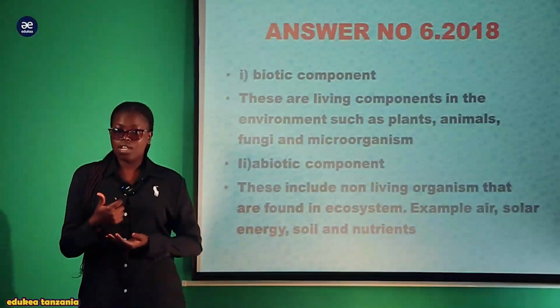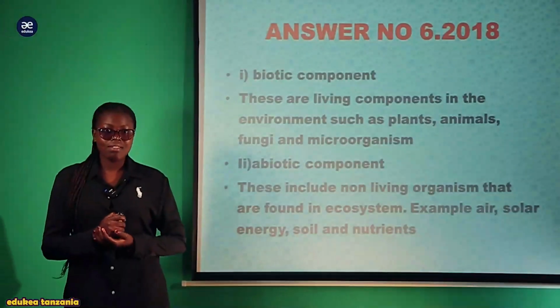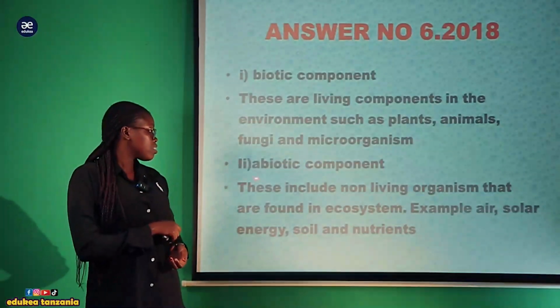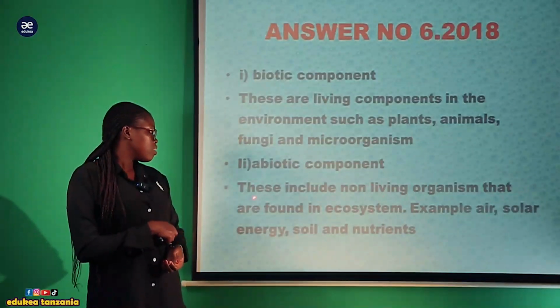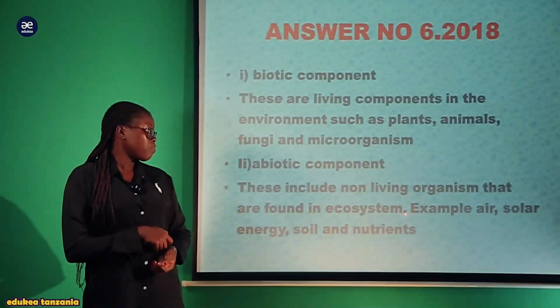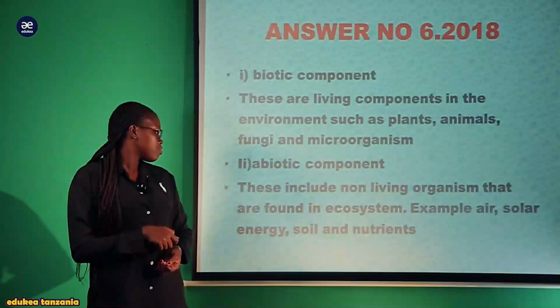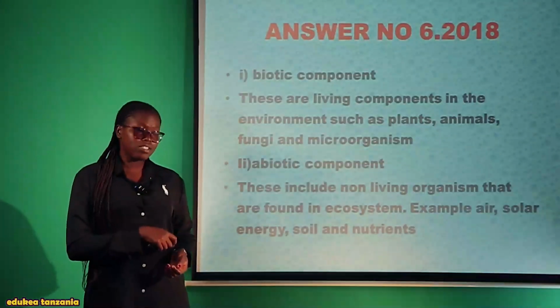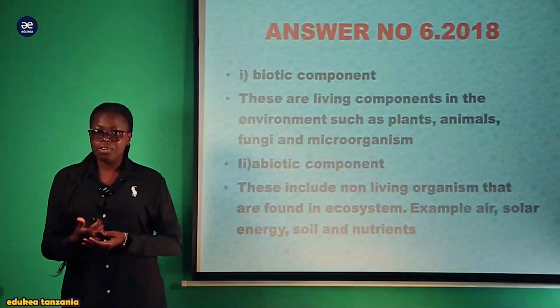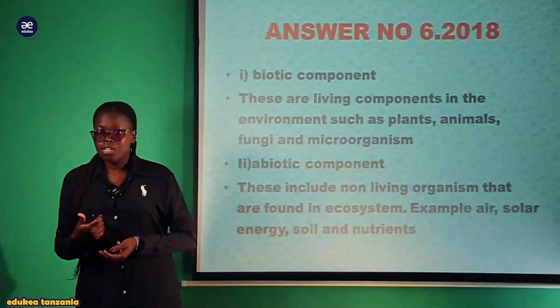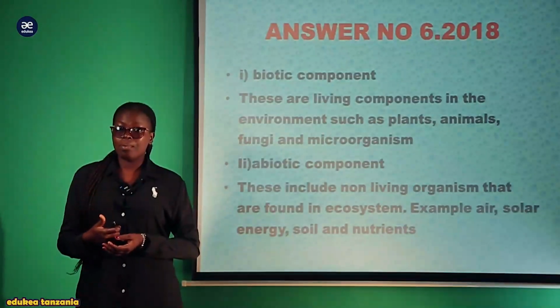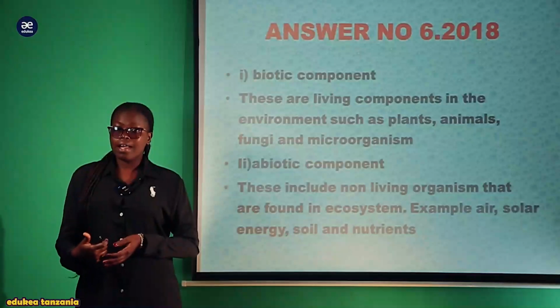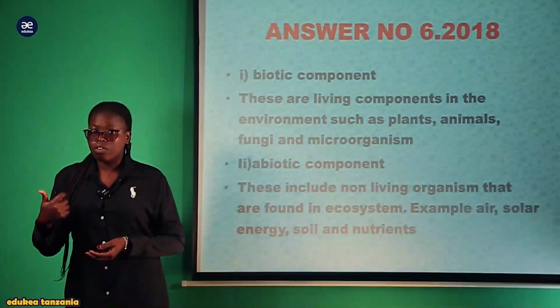Once we talk about abiotic components, these include non-living things found in the ecosystem. Example, air, solar energy, soil, and nutrients. Once we talk about the ecosystem, this means a natural unit made up of naturally occurring living and non-living components.